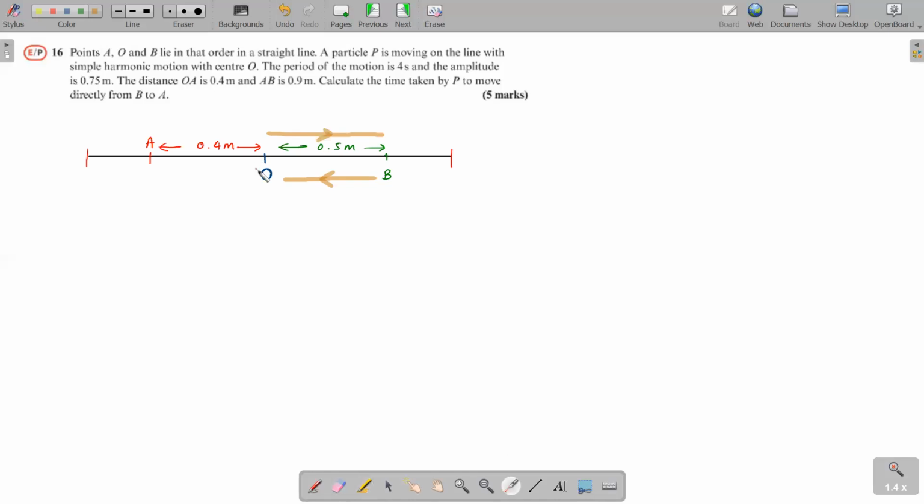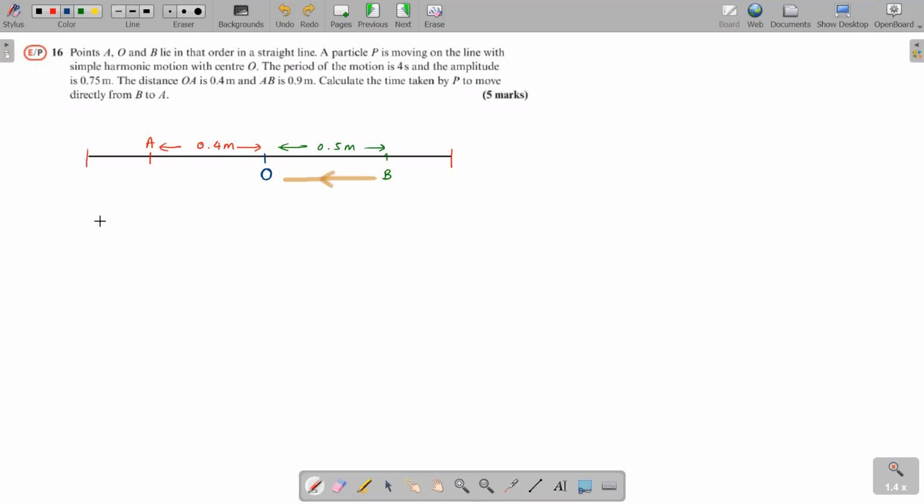And what about the time taken to go from O to A? We can again use x equals A sin omega t. So basically, it's using x equals A sin omega t twice, and you get the time taken to move directly from B to A. That's all you need to do here.